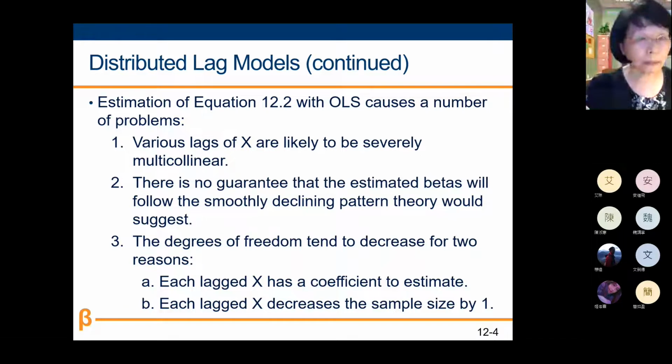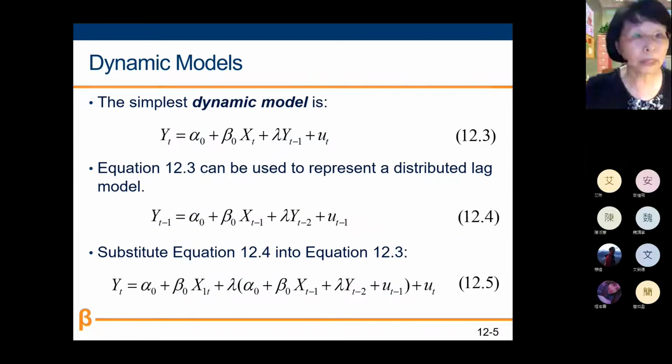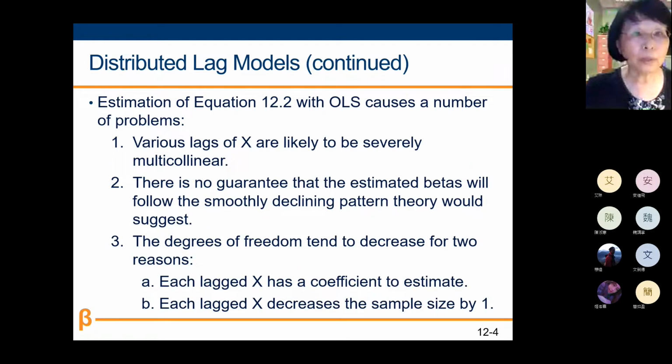Okay, but there's one big problem in the dynamic model, which is what we call serial correlation. We don't mean that the distributed lag model doesn't have serial correlation. It may have serial correlation problems, which we talked about in chapter 9.